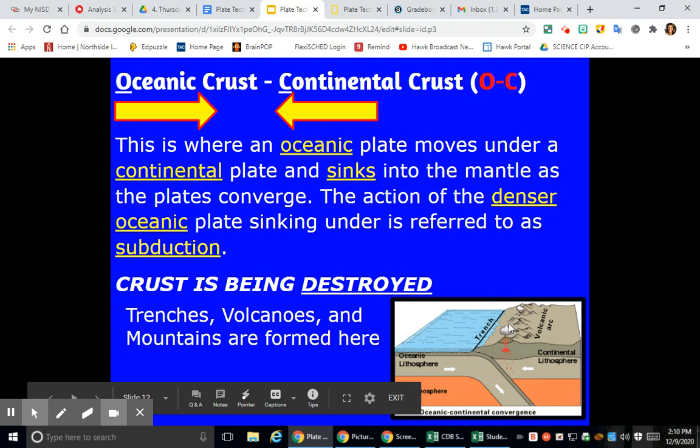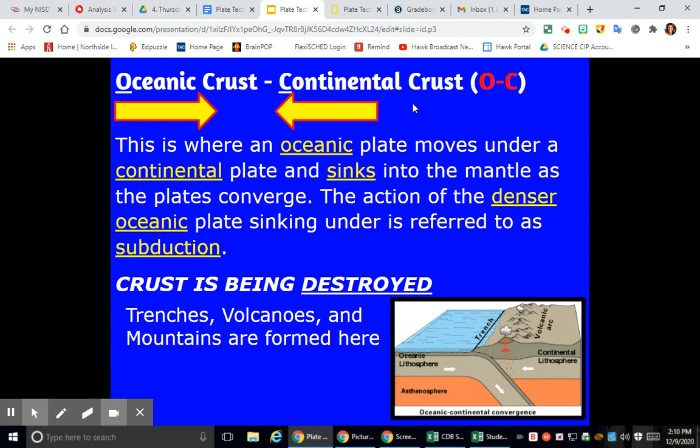Trenches, volcanoes, and mountains are formed here. So at this convergent boundary, you have an oceanic converging with a continental. Oceanic is more dense, it's more heavy, so it subducts. It goes underneath the continental plate. This part of the plate melts and pushes magma up, forming volcanic mountains along the continent.